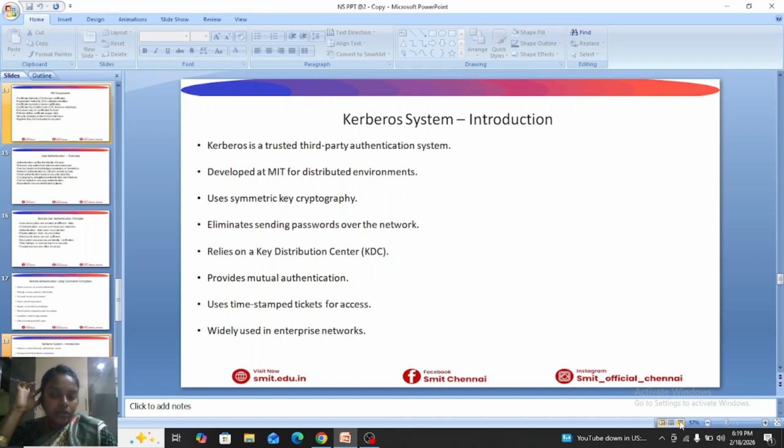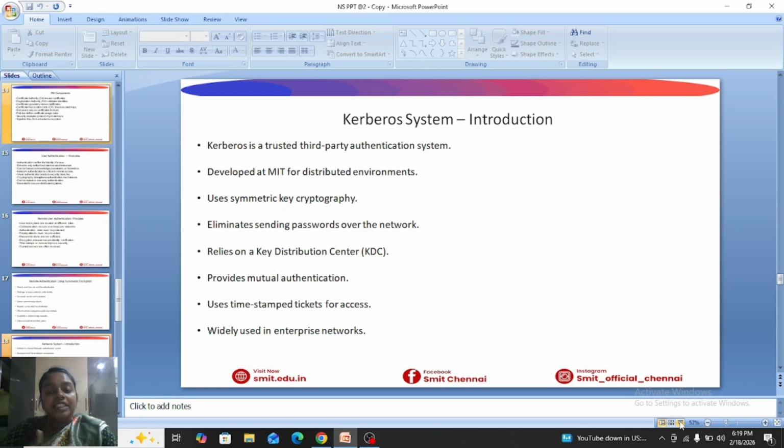Let us speak about what the Kerberos system is. It is a ticket-based authentication protocol, originally developed to authenticate users in distributed systems. The objective of this system is secure remote user authentication, preventing password disclosure, providing mutual authentication, and protecting against replay and impersonation attacks.